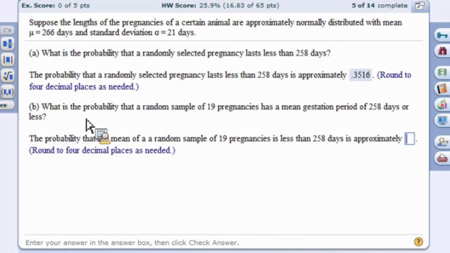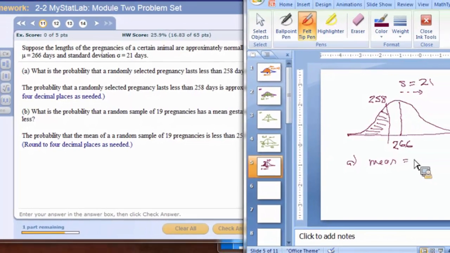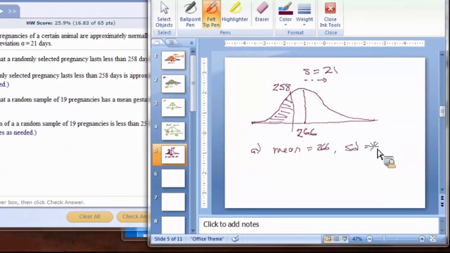Okay, what is the probability that a random sample of 19 pregnancies? Here we have to do a calculation with a calculator. The difference between part A and B. Part A, the mean was 266, and the standard deviation was 21.